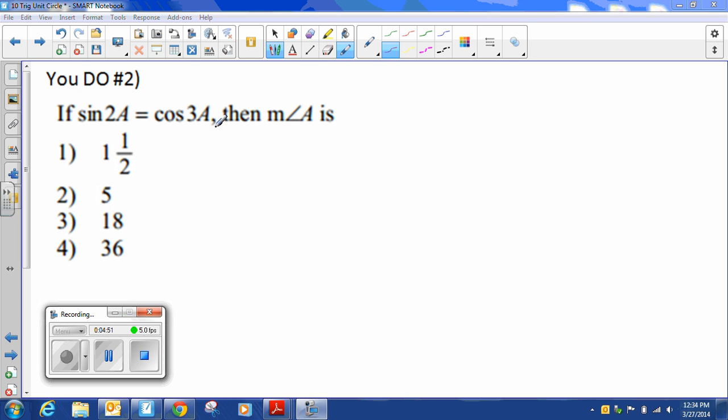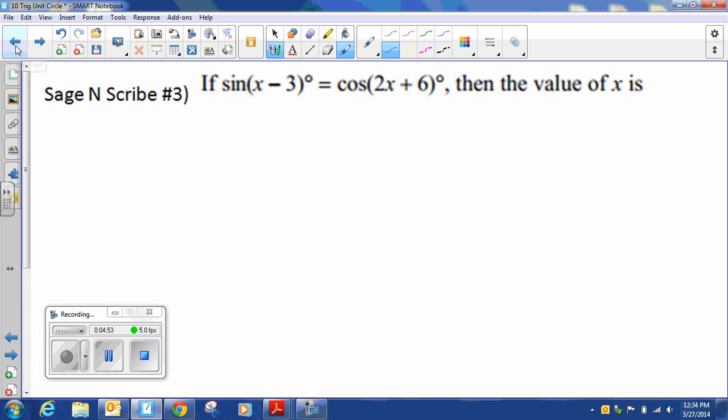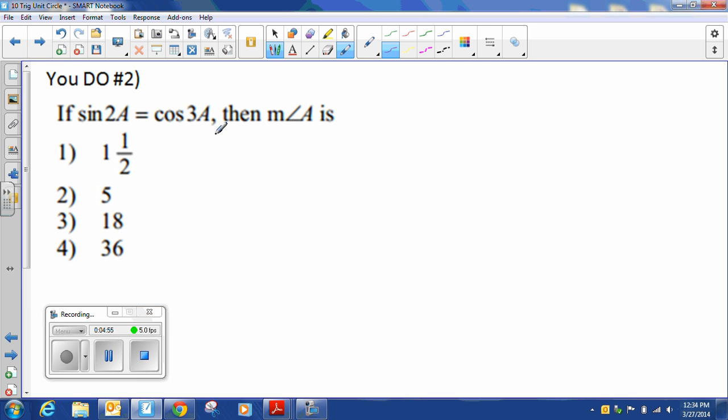Okay, number 2, sine of 2A equals cosine of 3A. If this is true, then what is the measure of angle A? Well, we know that because sine and cosine are cofunctions, if they are equal to each other, then that means, well, let's draw a picture. Here's our right triangle.